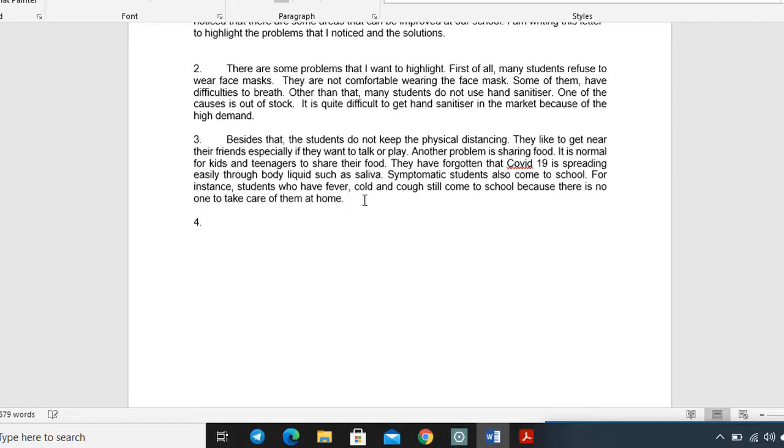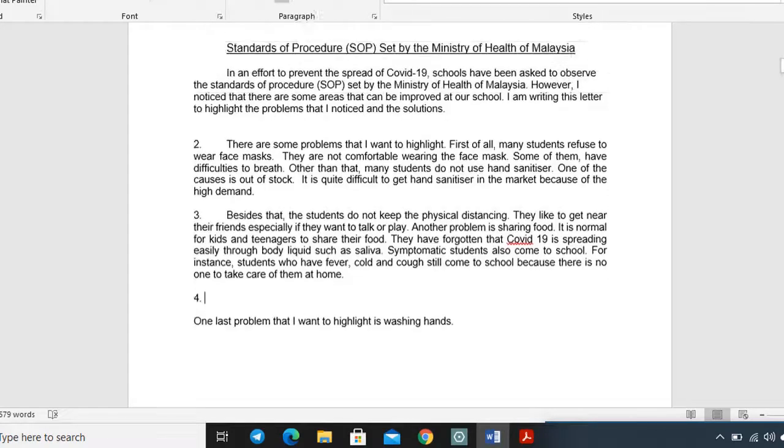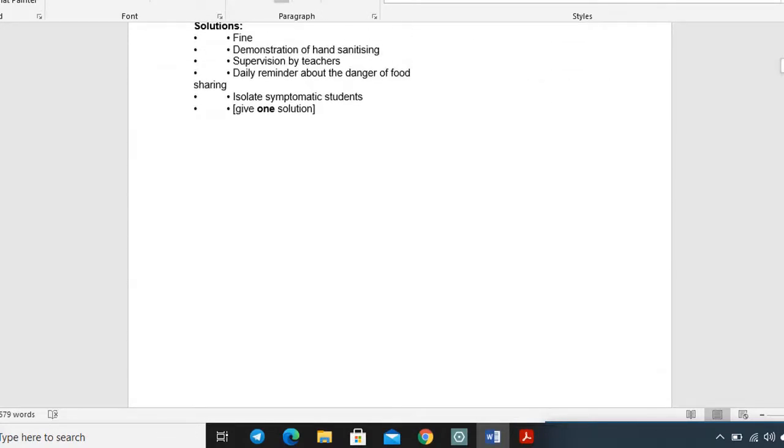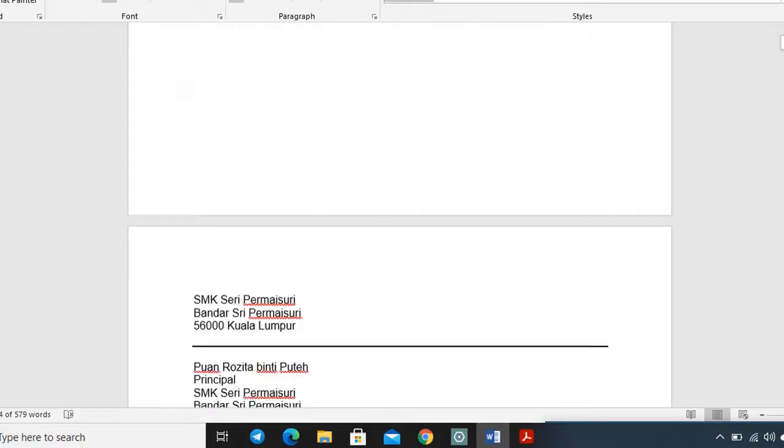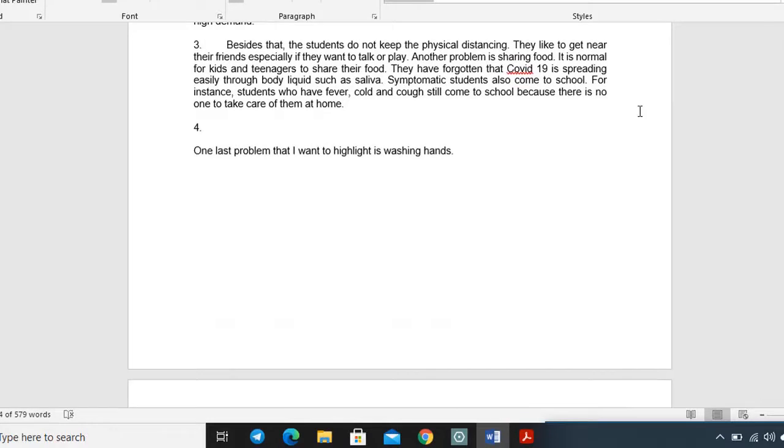Okay, what do we have here? Okay, one last problem I want to highlight is washing hands. Okay, washing hands is the problem that you have to give. Okay, give one more problem. So I come up with the point on one last problem that I want to highlight is washing hands.